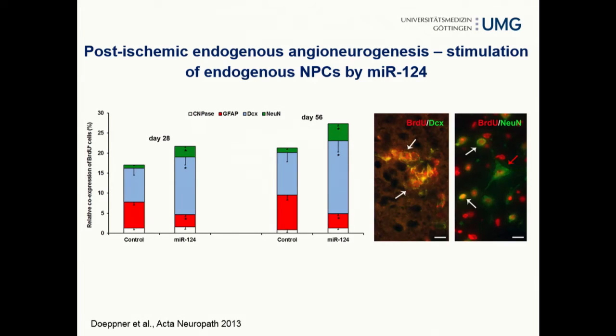We injected this viral vector about 3 weeks before stroke in our mice, and indeed on day 28 and 56 we observed a higher neuronal differentiation rate of these newborn cells.